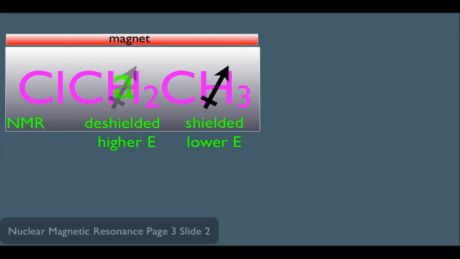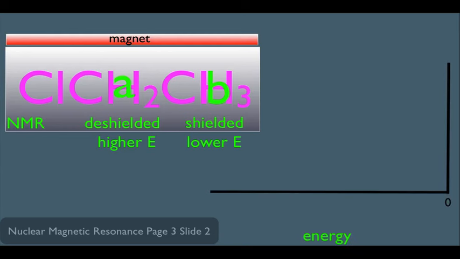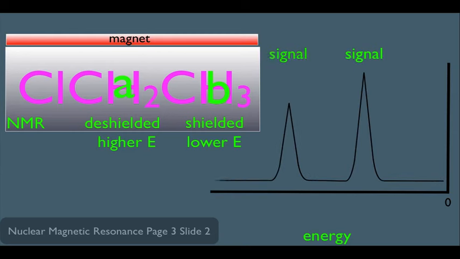Let's call this guy the A hydrogen, and we'll call these three hydrogens the B-type hydrogens. Putting this sample molecule in the HNMR would give us a spectrum that looks like this. We can expect to see two signals in it. Remember, one for the A-type hydrogens and one signal for the B-type hydrogens. And those two signals again will correspond to the amount of energy necessary to bring these hydrogens into resonance.